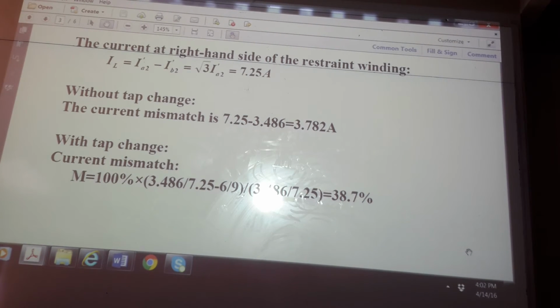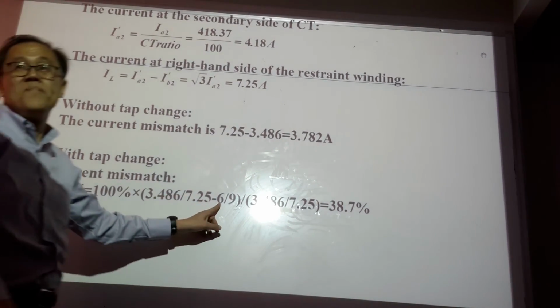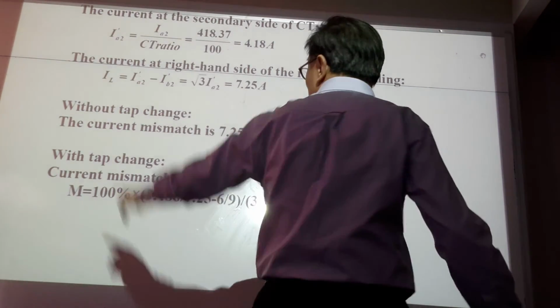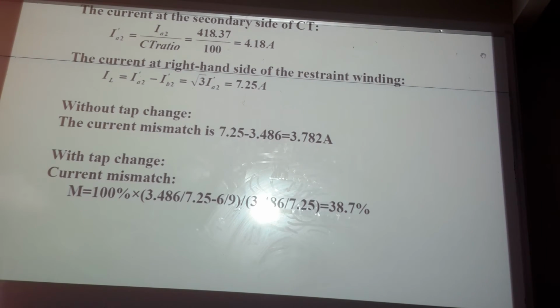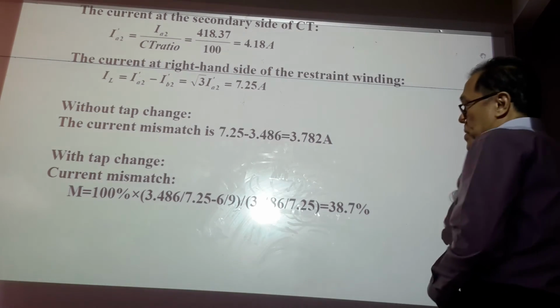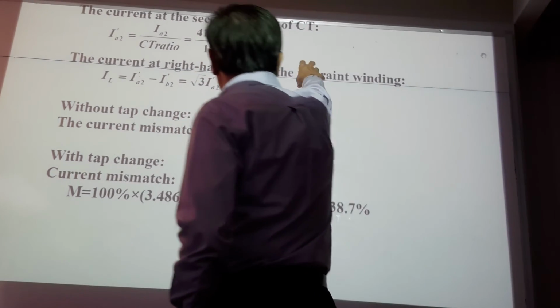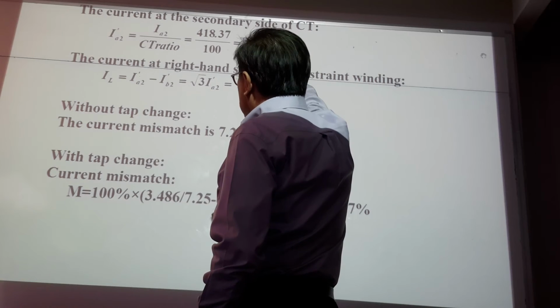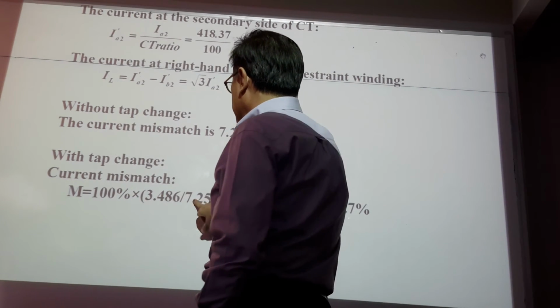Okay. So this problem, based on our calculation, the tap is already decided, 6:9. Tap ratio 6, because the problem said the high voltage side TH over TL, based on the formula that you just saw, must be 2/3. And then this is copied from whatever we have. So we have the IL is 7.25, IH over IL.